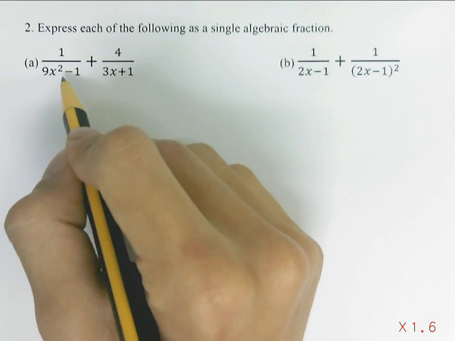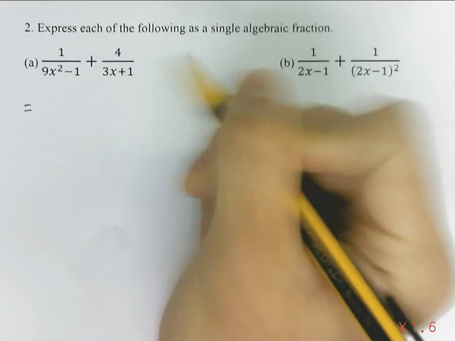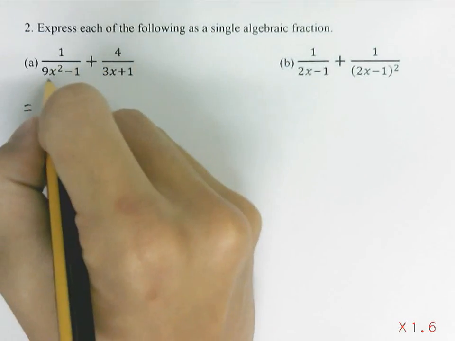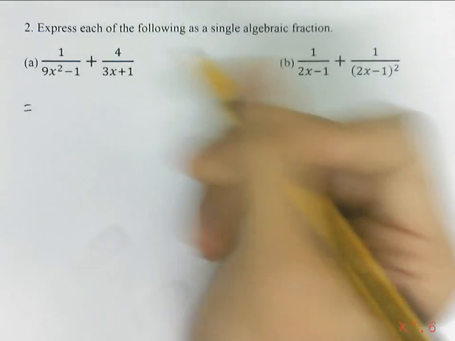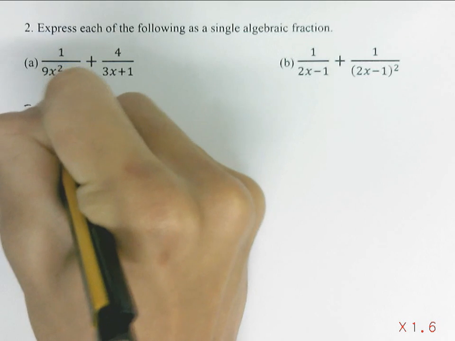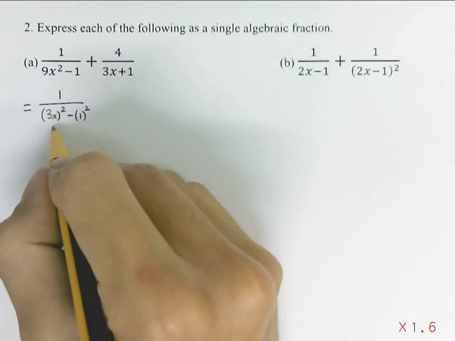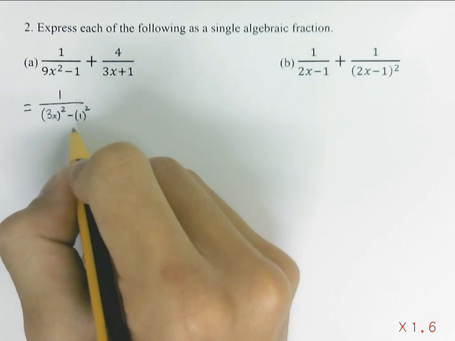square form in a quadratic expression, so we try to factorize it. Now notice that both terms are also perfect squares, so we'll change this into perfect squares, so that we can see it's actually 3x squared minus 1 squared.